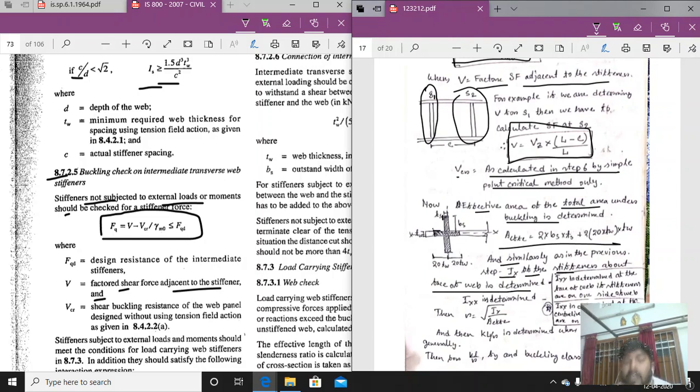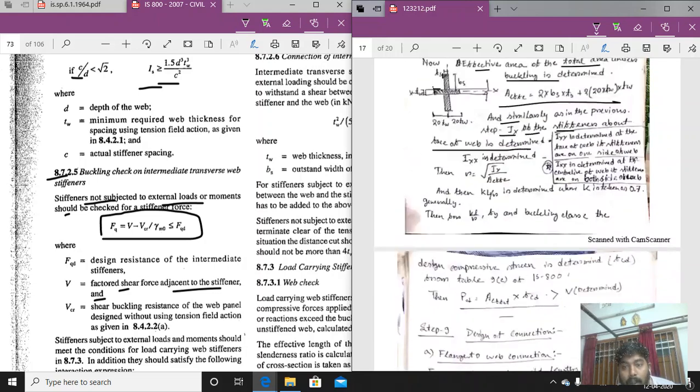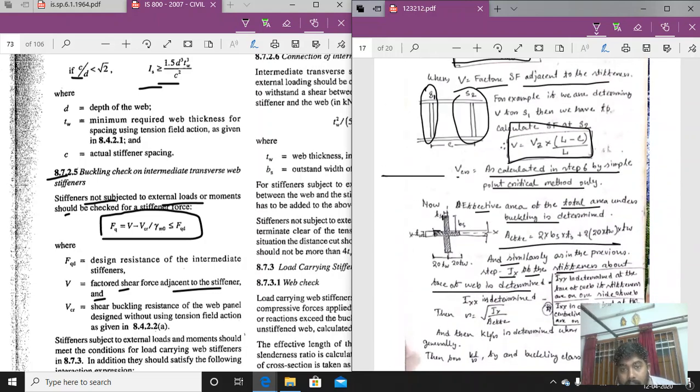Now, similarly as in the previous case, the I_xx of the stiffener about the face of the web is determined. Sometimes the transverse stiffeners are provided in two parts. It may be like that: this is one arrangement, and this is the second arrangement.